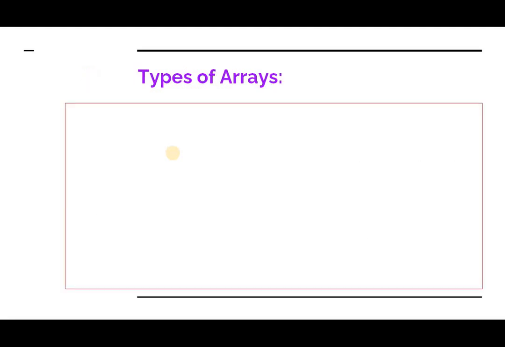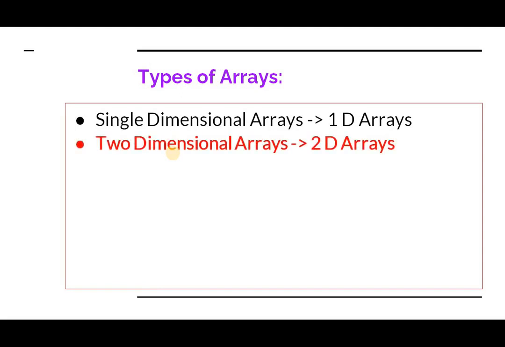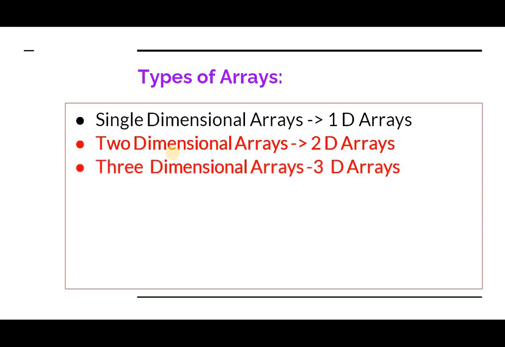Next, types of arrays. The single dimension arrays are also called 1D arrays. Next, we have two dimension arrays, called 2D arrays. Later, three dimension arrays or 3D arrays. That means if you have more than two dimensions, those are called multiple dimensional arrays or multi-dimensional arrays.